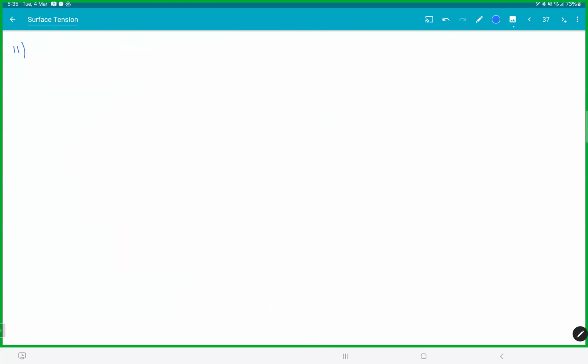Let's go ahead with a question. So we got a plate and there is a liquid here. Like I said, the surface tension makes the liquid climb the wall. This is how the diagram looks, the side view.